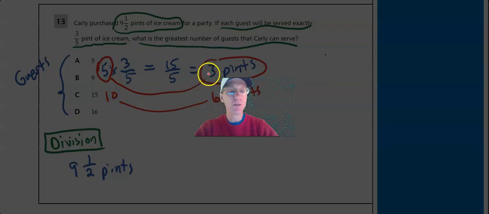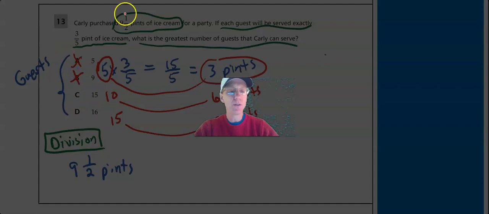And then 3 more pints would be 9 pints. That would give us 5 more people. So 9 pints serves 15.